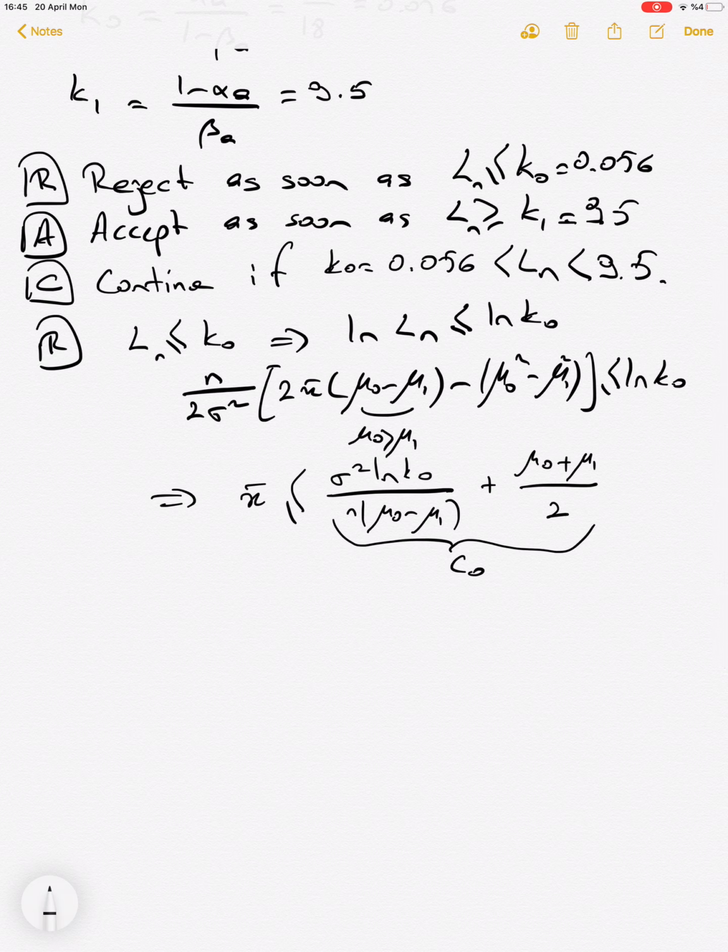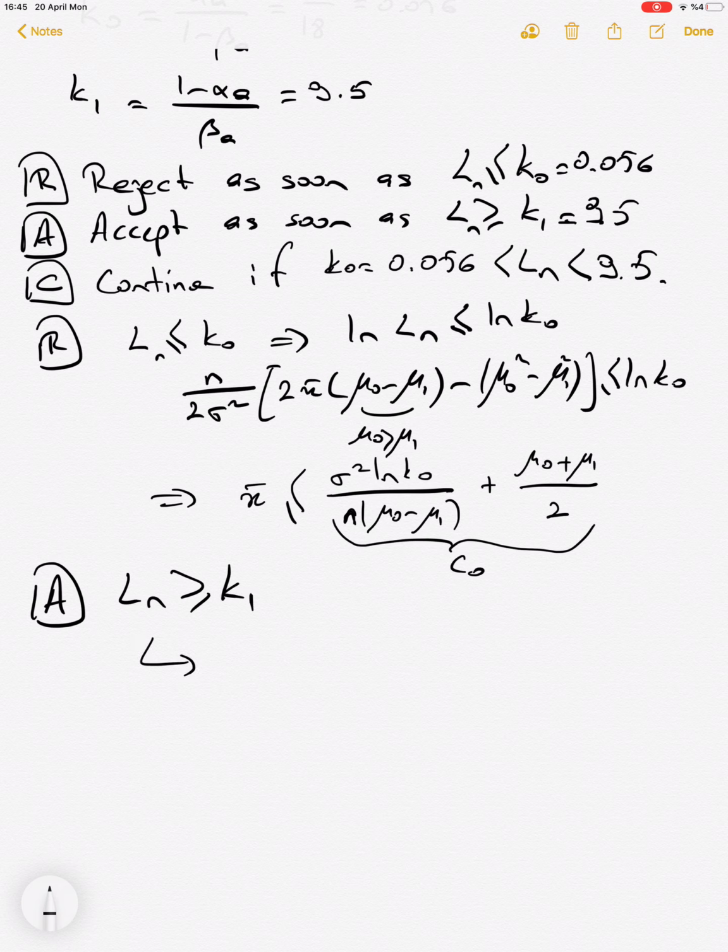Okay, so we have to replace k0, mu0, mu1 given from the hypothesis, sigma squared already known, and for different n values we can calculate this. Then for the acceptance region, all you have to do is replace L n greater than k1.